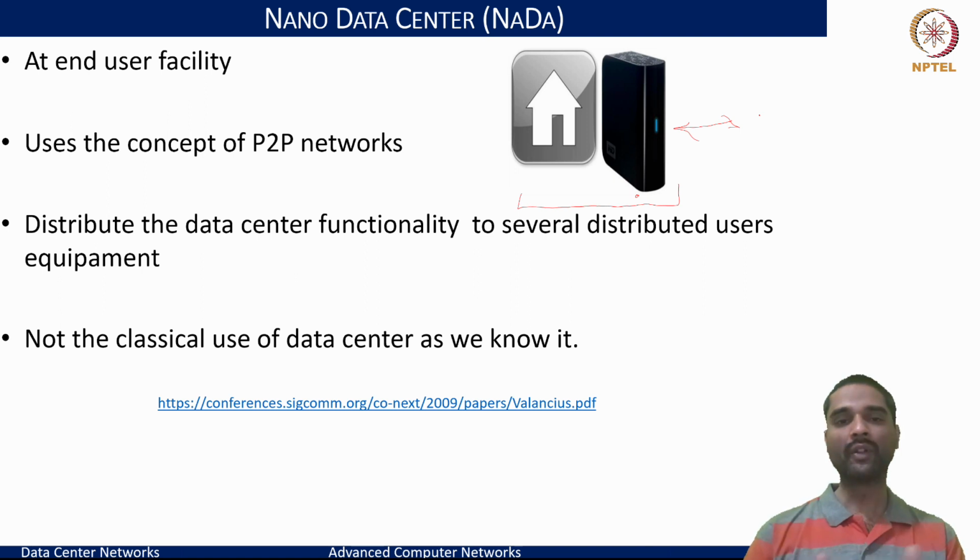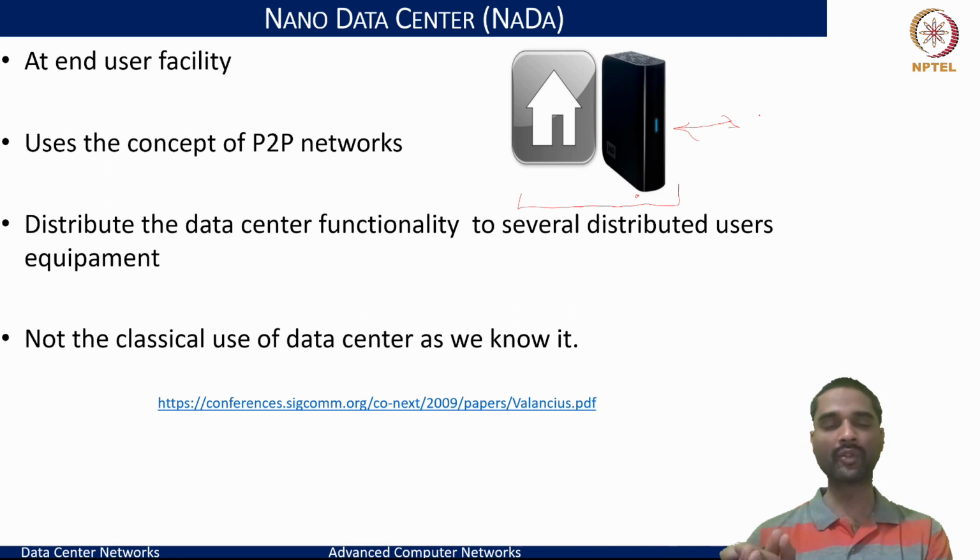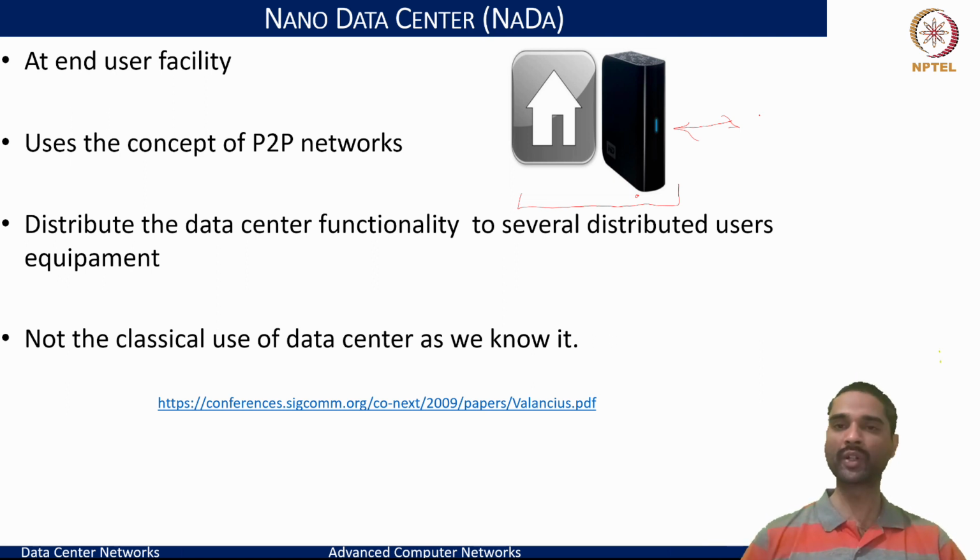This way, you will have several distributed users with their own equipment acting as a peer, connected with every other peer's network to facilitate a large data center. And the power requirements for each of these will be within the typical power wattage of home networks, which is less than 100 watts. 40 to 60 watts is what you typically use, so you are able to facilitate data center services to the greater mass with fewer power constraints.